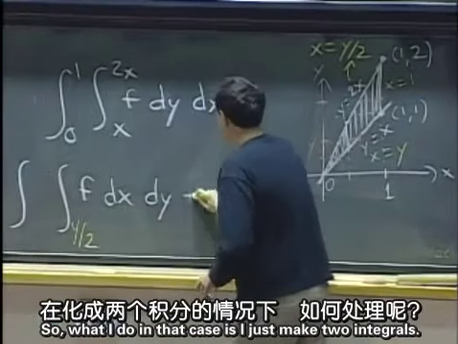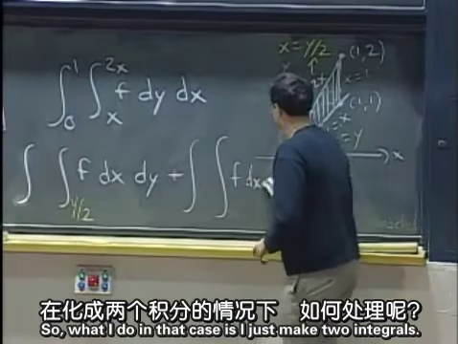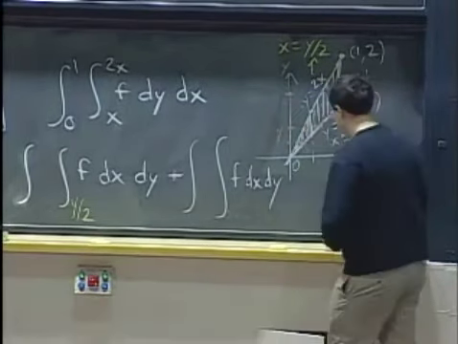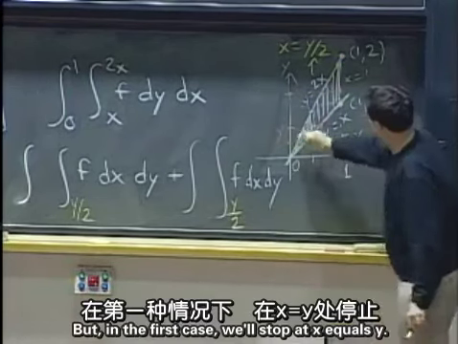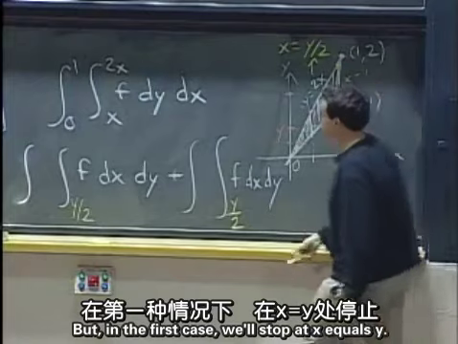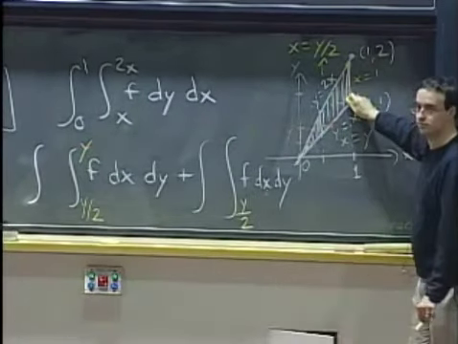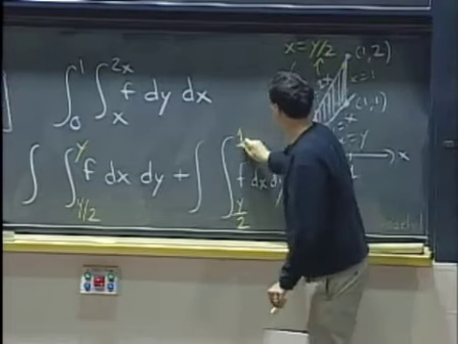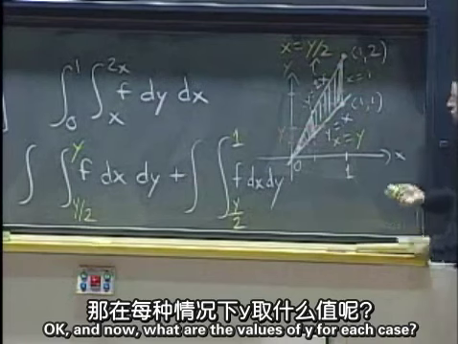So what I do in that case is I just make two integrals. I say both of them start at y over 2, but in the first case, we'll stop at x equals y. In the second case, we'll stop at x equals 1. Okay, and now what are the values of y for each case?